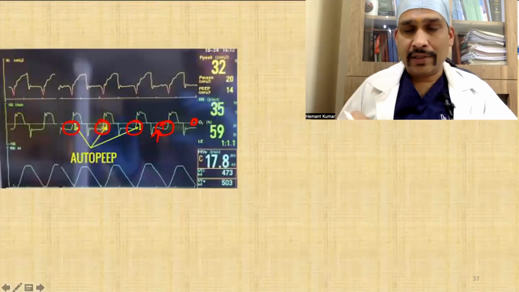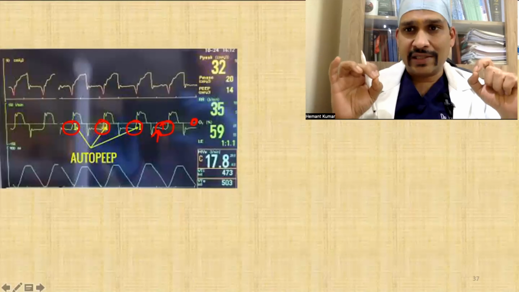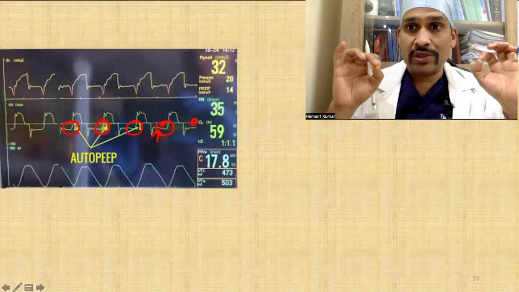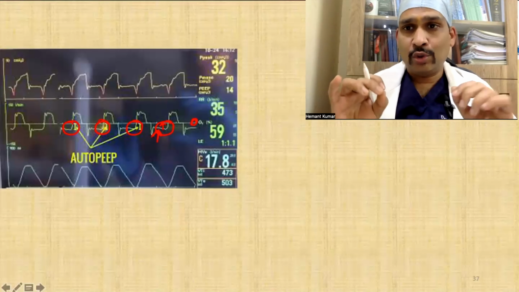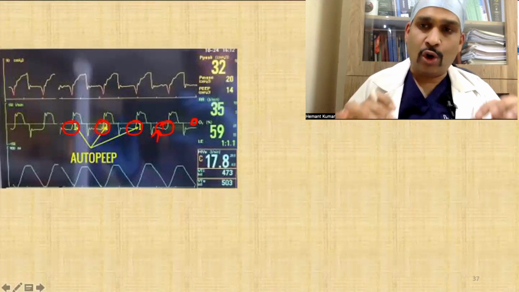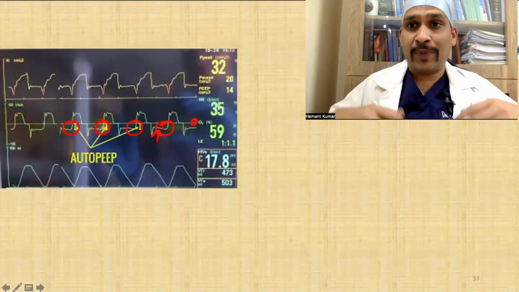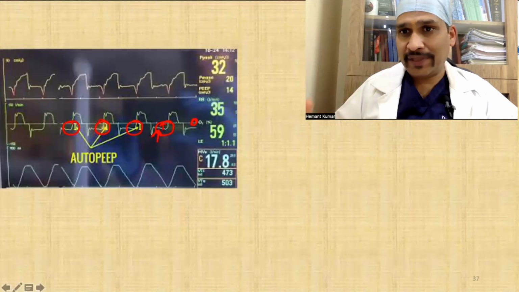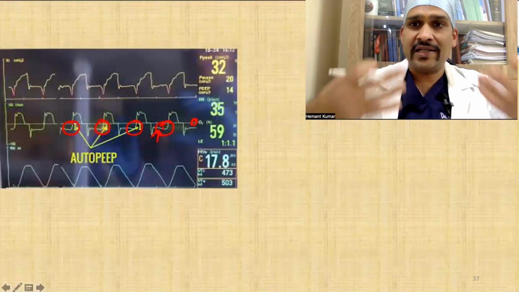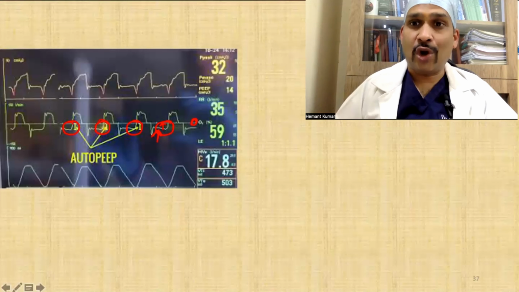So you remember, while ventilating a patient, if the patient is getting sudden shock, you have to see the monitor to rule out auto-PEEP. Auto-PEEP is when the patient is not able to expire fully. At the end of expiration, there is air inside the alveoli. This is called auto-PEEP.